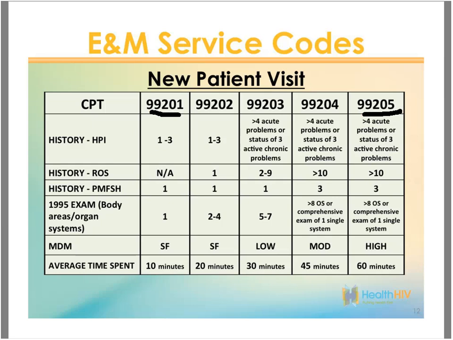The criteria that we discussed in installment 1 is that you require a history, an exam, and medical decision making. Time is not really a criteria. The exception would be if you're counseling a patient. And again, we will get into some further details about counseling as it relates to HIV and AIDS care and testing.